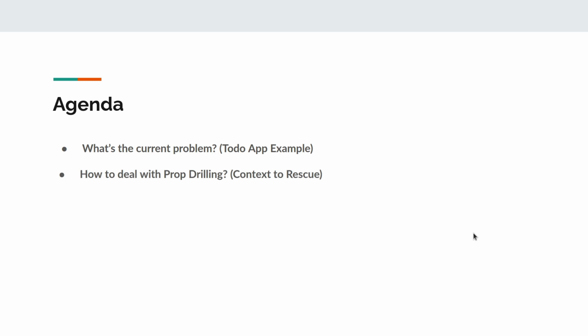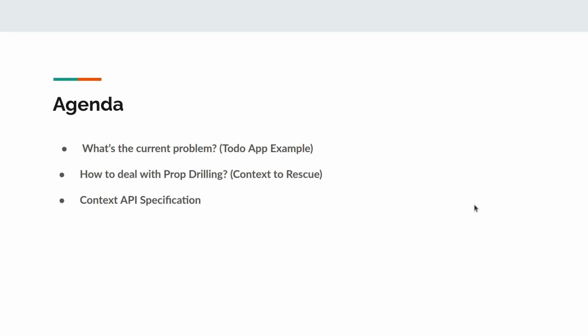Before diving into the code base, let me first share the agenda that we are going to cover. We are going to discuss the current problem that we may face. For this, I'm going to show you the to-do application that we already created. Then I will show you how to deal with this problem, and how Context API can help us deal with it.